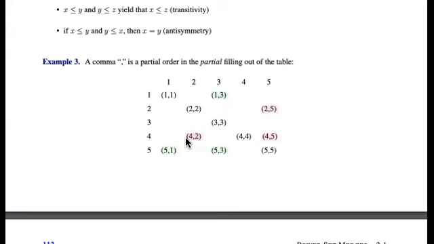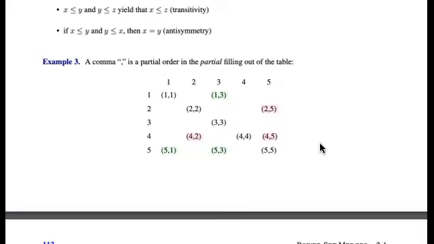We also have transitivity. Let's see how that would work. 5 goes to 1, 1 goes to 3. So guess what that means? Right here, 5 goes to 3. See how these colors help you with that? 4 goes to 2 and 2 goes to 5. What does that mean? It means 4 will end up going to 5 here with this particular partial ordering. So this is a new ordering, not the regular ordering that we would use with real numbers or anything like that.